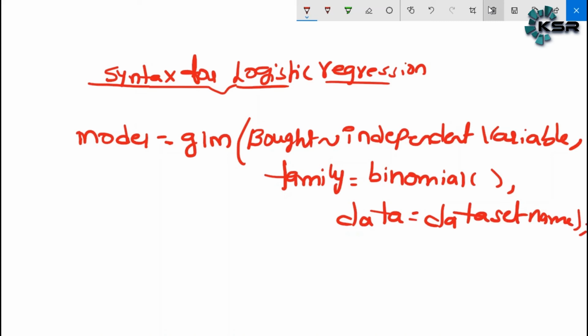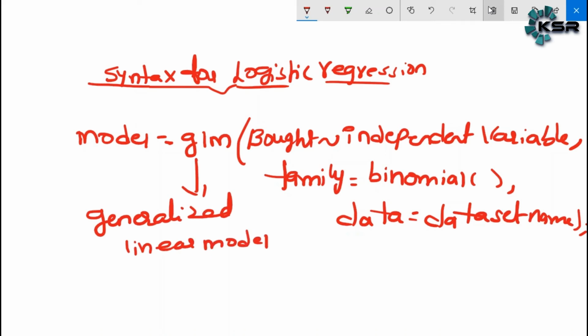First let me discuss the model 1. That means we are storing that information into model 1. Next will be GLM, which means generalized linear model.